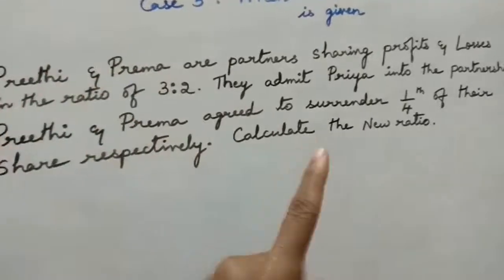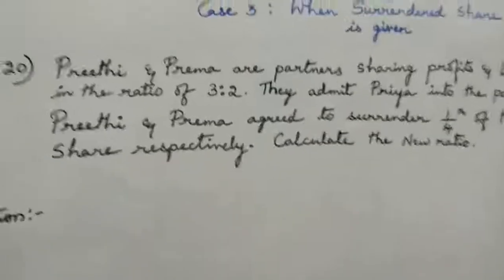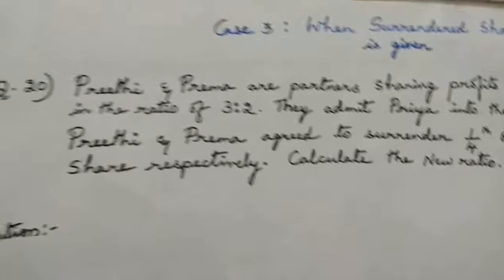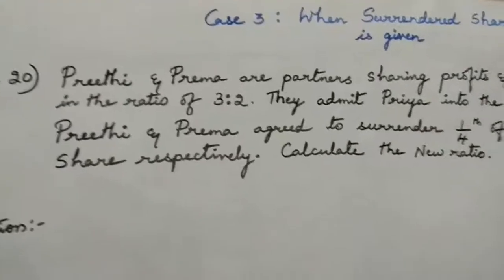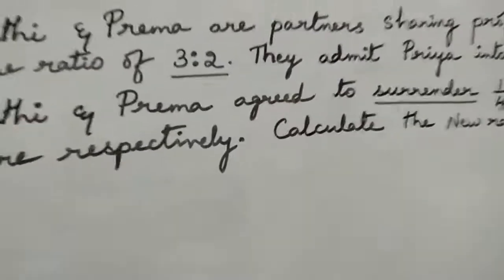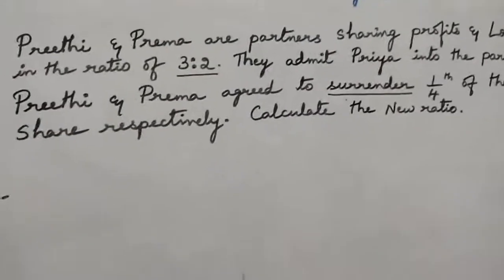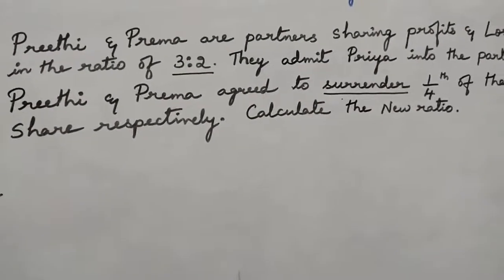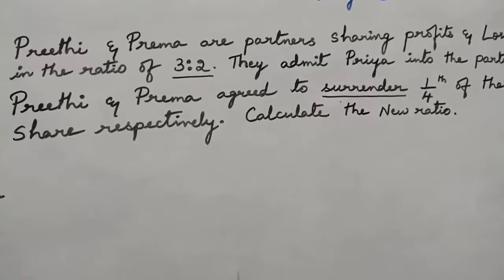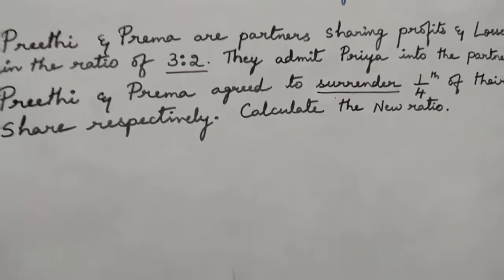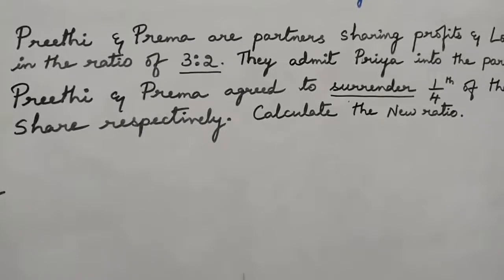Now, do you all remember the previous video where we had seen case 1, which is related to surrendered share? So old share is given, surrendered share is given here. Using this we are going to do the calculation. First step: when we have old share and the surrendered share, we have to calculate the share sacrificed.